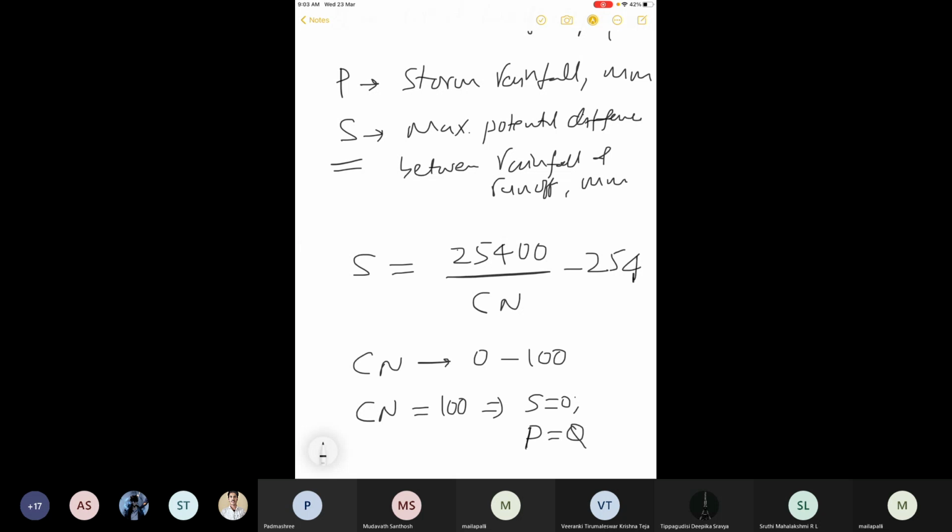Putting S equal to 0 in the above equation, you get Q equal to P.